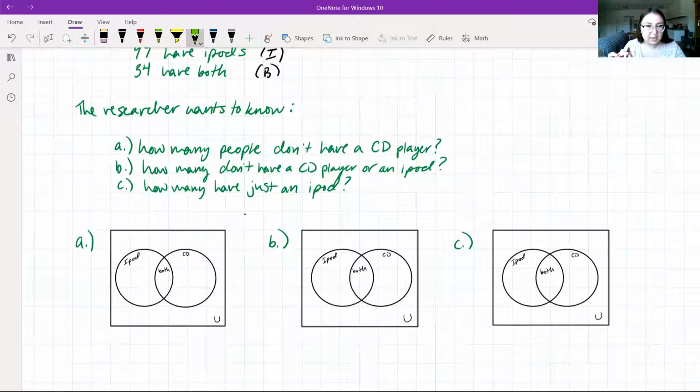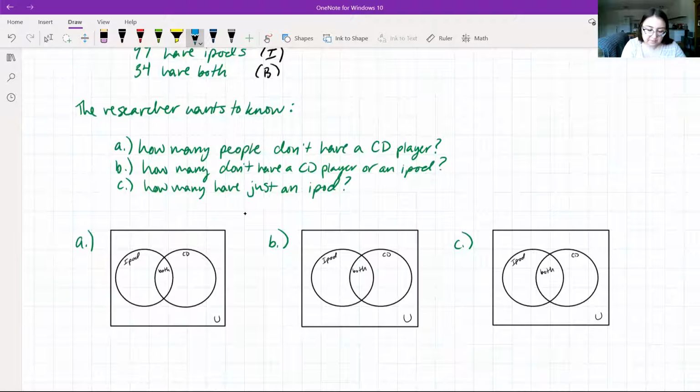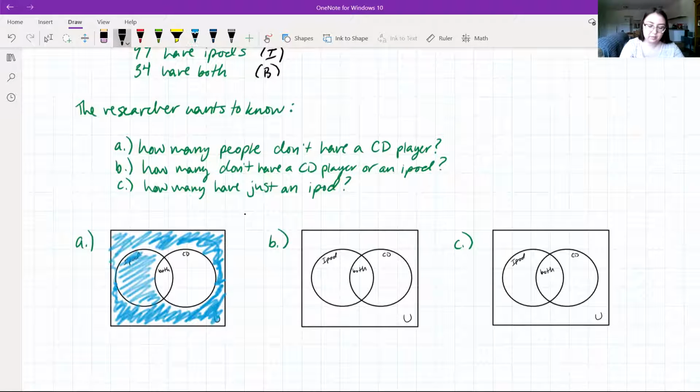So thinking about our region, we're going to pick people that have an iPod and people that have nothing. So we see here that shading in our region can help us think about these values. But we want to find the actual number. We're not just shading in the regions.